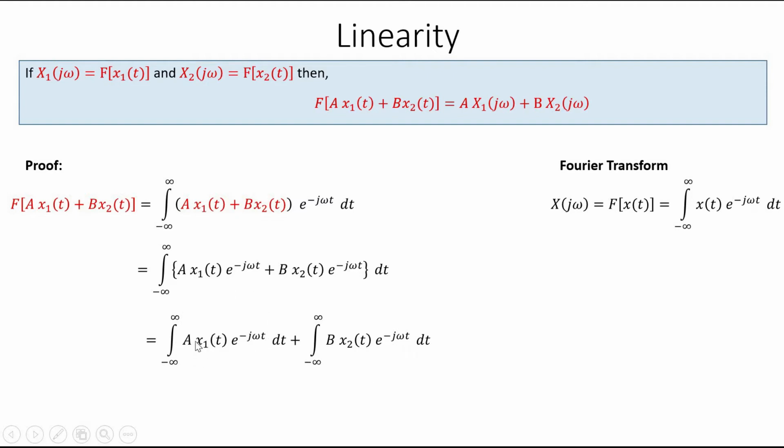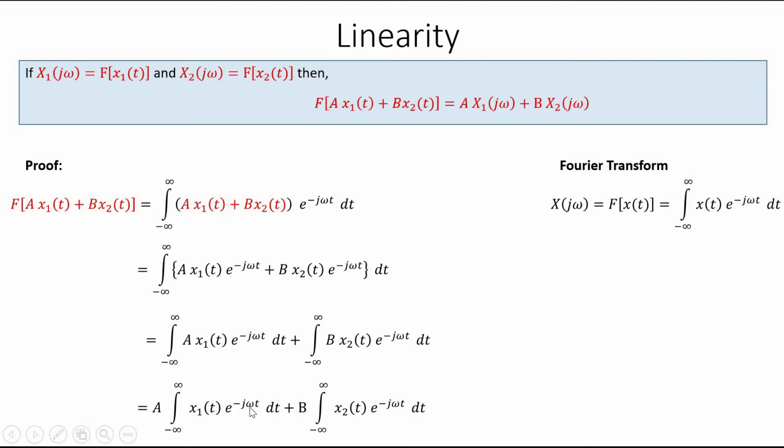Out of this integral, a is a constant, so we can take it outside. Here also b is a constant, so we can take it outside. So it becomes a into the integral of x1 of t e raised to minus j omega t dt plus b into the integral of x2 of t e raised to minus j omega t dt. If you look here, we have the Fourier transform of x of t as x of j omega, this term.